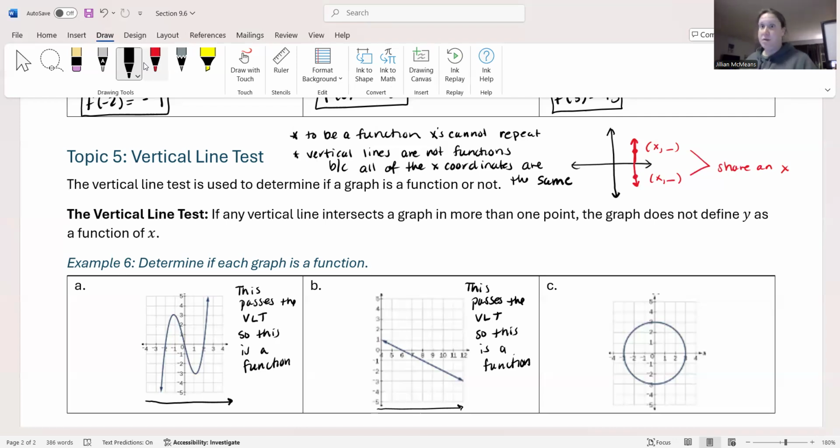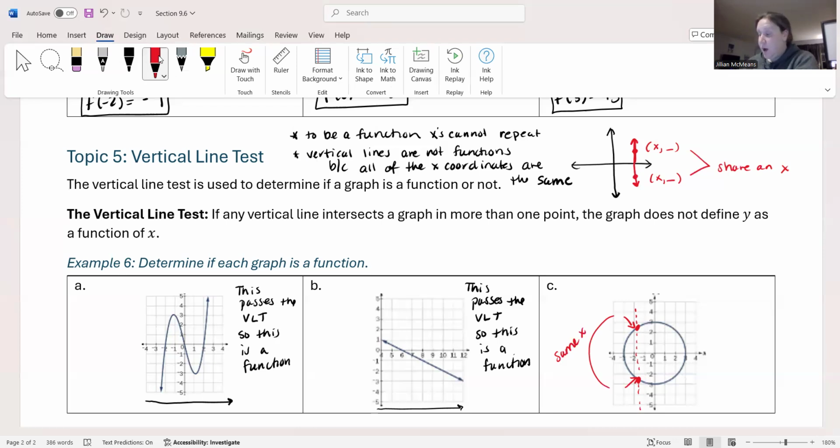So let's look at part C. Hopefully you can just look at it real quick and tell me yes or no. Let's take any vertical line, say the vertical line right here. I can see that these two x's are going to be the same x. That tells me x's repeat.